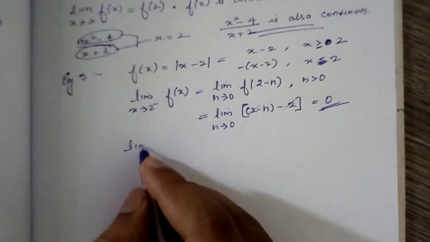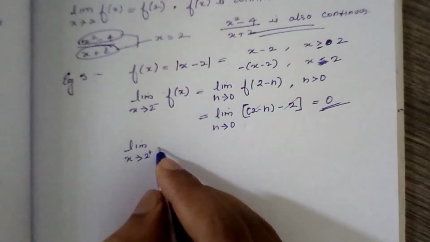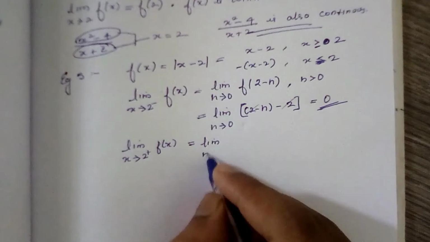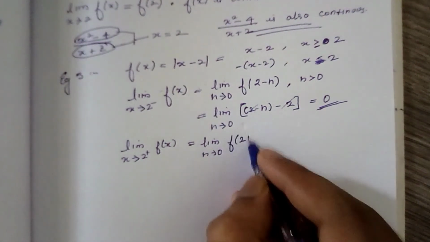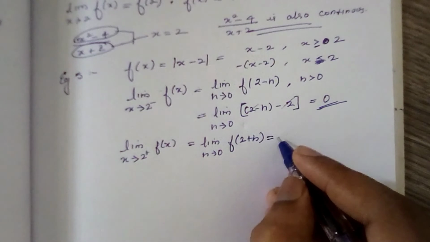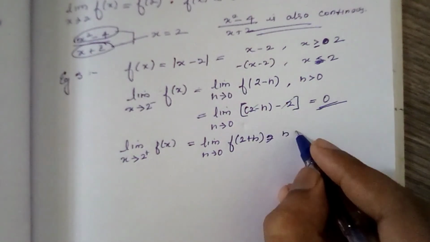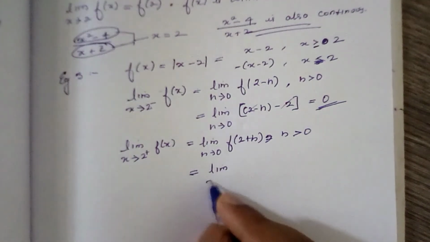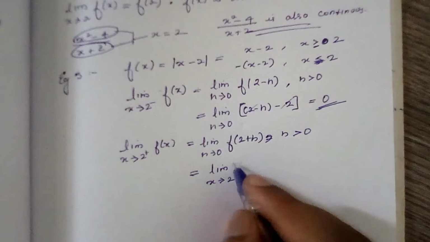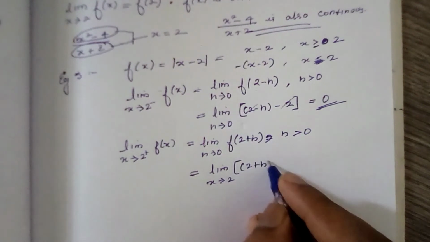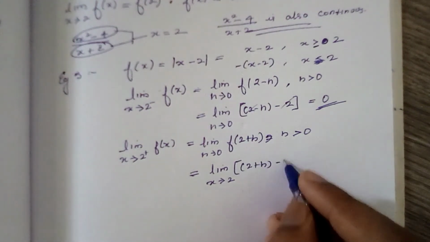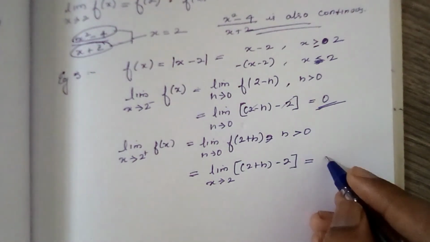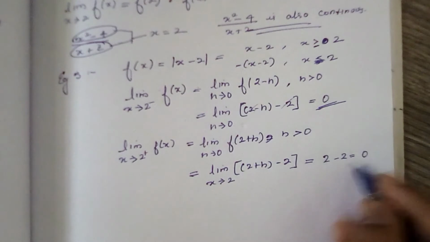Similarly, limit x tends to 2 plus f of x is equal to limit h tends to 0 f of 2 plus h, which for h greater than 0 we can write as 2 plus h minus 2, which gives us the value of 2 minus 2, which is equal to 0.